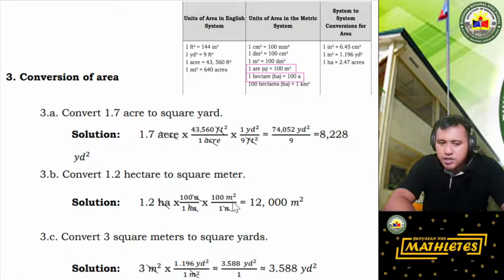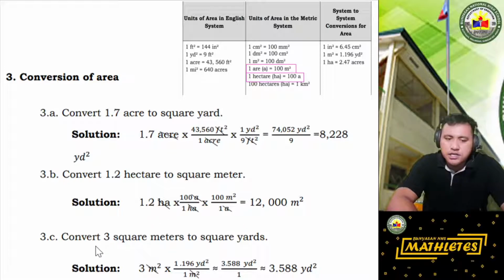So, 100 meter squared is equivalent to 1 R. So, cancel, same unit. So, matitira meter squared. So, 1.2 times 100 times 100, that makes 12,000 meter squared. So, 1.2 hectare is equivalent to 12,000 meter squared.